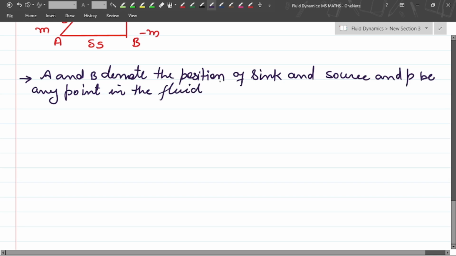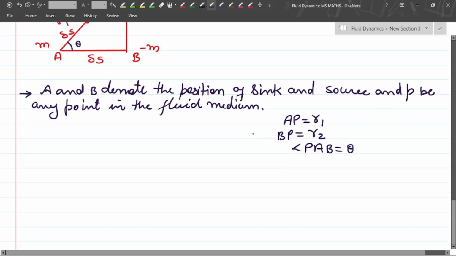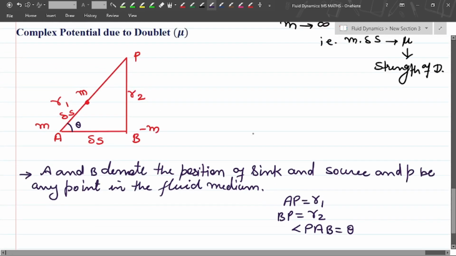All the things will happen in the fluid medium. P is a point in the fluid medium. So I say AP is equal to R1, BP is equal to R2, and the angle PAB is equal to theta. It means this angle is theta here. You can see the diagram.